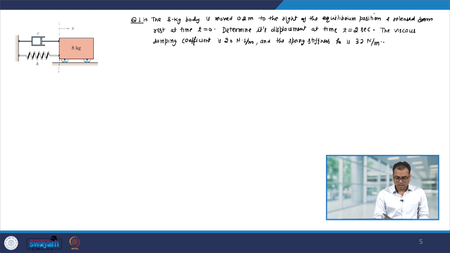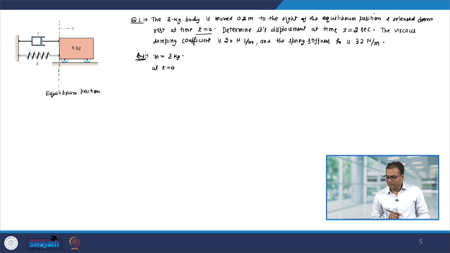Okay. So, here this is the equilibrium position and it is given that m is equal to 8 kg and at initial time t equal to 0 the body is released from rest.